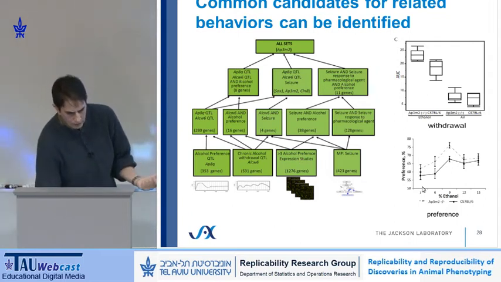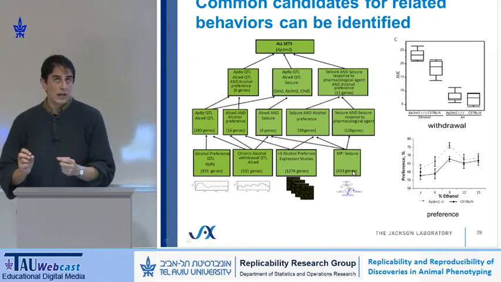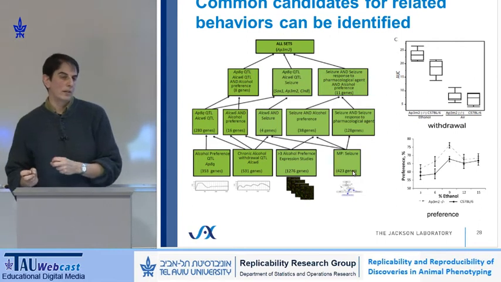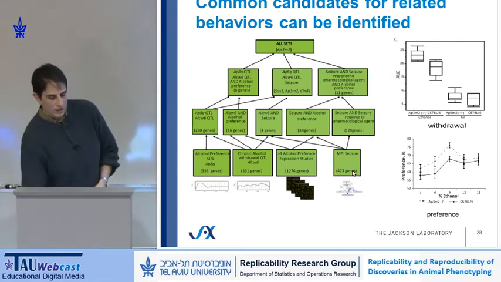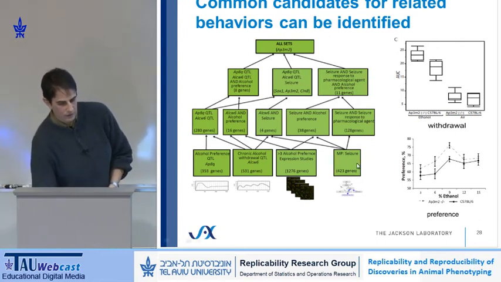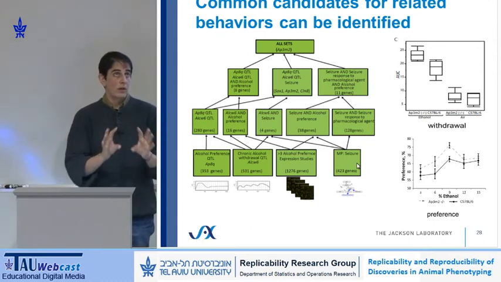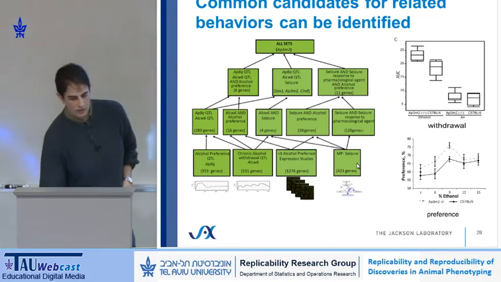And we don't have a lot of alcohol withdrawal related gene sets, but we do have genes that are annotated to seizure, and seizure was the endpoint in the alcohol withdrawal experiments. So I can ask, is there any convergent evidence for any genes among all of these different characteristics?